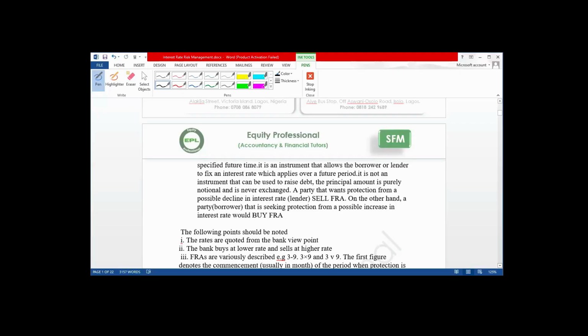If your company is planning to borrow money, then the potential borrower will buy FRA. If your company is planning to place investment, then the company becomes a lender. The potential lender sells FRA.